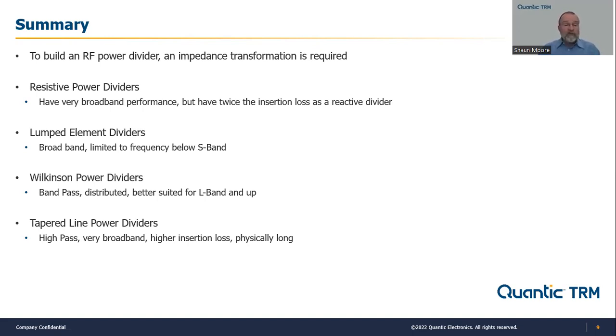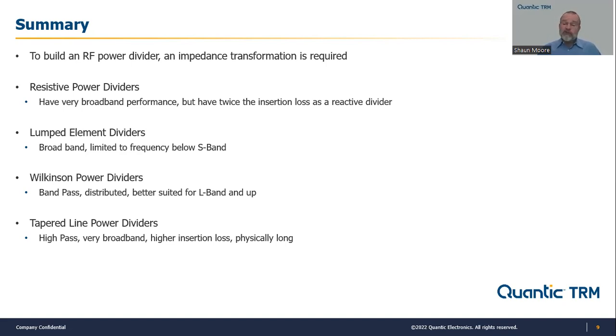The lumped element devices are high-pass structures, limited on the high end by the stray reactances of the transformers, which limits this technology to something below S-band. Below S-band, these are very size efficient, and they do a very good job with what they do. The Wilkinson power divider is the next class up in frequency.